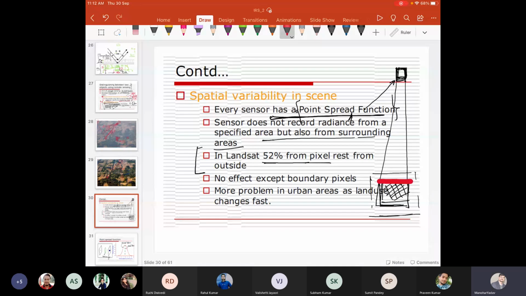This is our specified area that needs to be sensed, but due to the point spread property of the sensor, in the case of Landsat, this area contributes only 48%, while 52% of the energy is contributed from the area that surrounds this ground resolution cell.